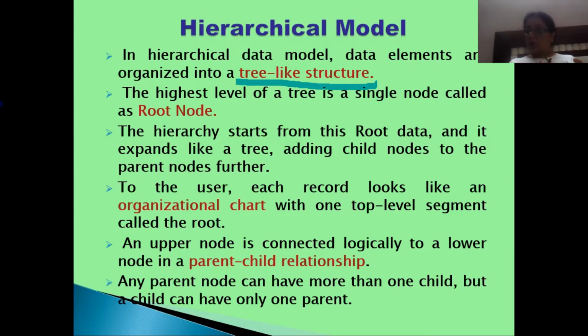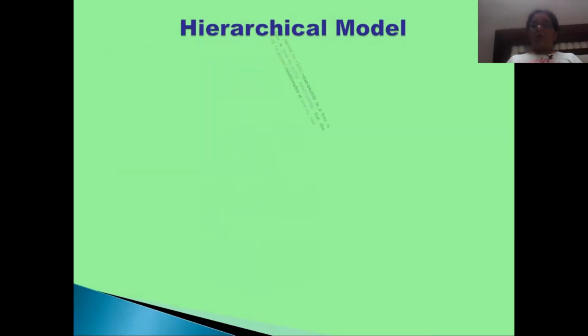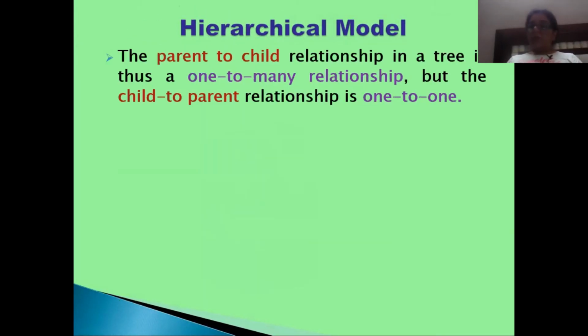It is like a common family system जहां पर एक parent के multiple children होते हैं, but one child can have only one parent. Again, the parent to a child relationship in a tree is thus one-to-many relationship. A single parent can have many children, that is one-to-many relationship, but child to parent relationship is only one-to-one.